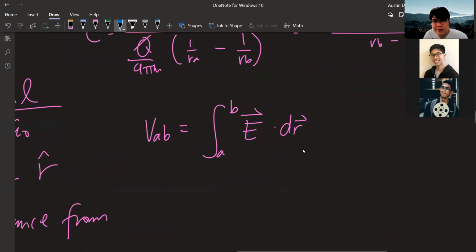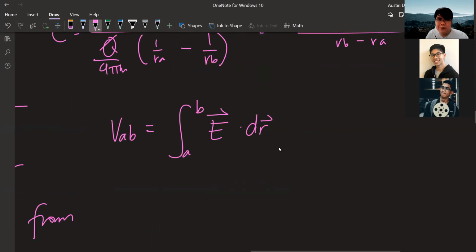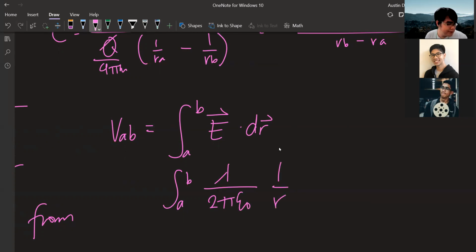So dr, yun. And continuing, I have lambda over 2 pi epsilon naught 1 over r dr. And this AB ko dito ay RA and RB pala.